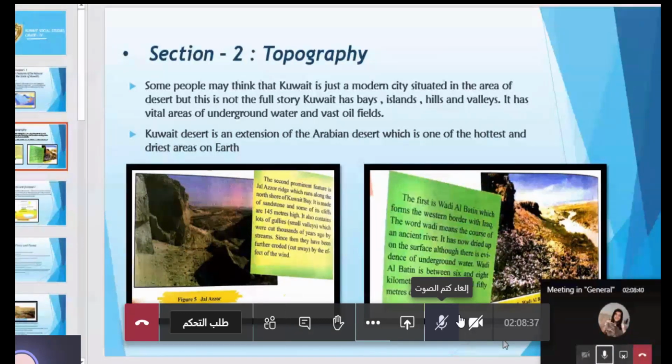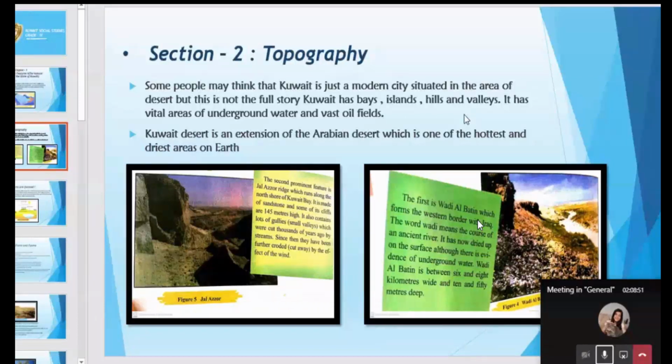But this is not the true story. People may think desert means only sand, it is very hot and all. But this is not the true story of Kuwait. There are bays, islands, hills and valleys. It has vital areas of underground water and vast oil fields. It has many oil fields under the ground and a large quantity of water also under the ground.